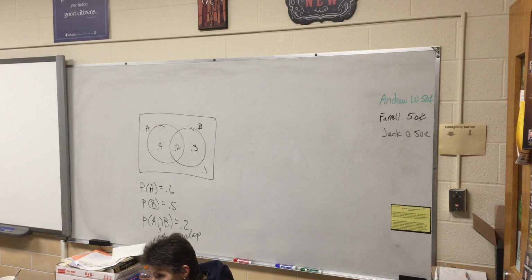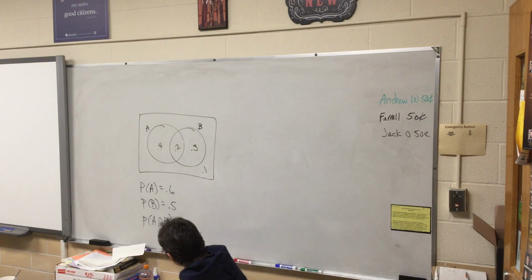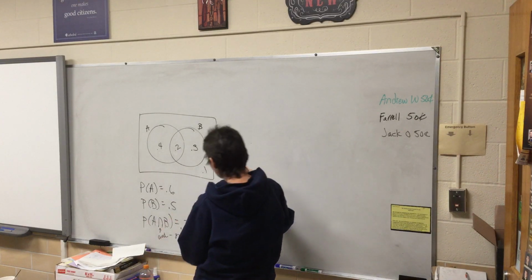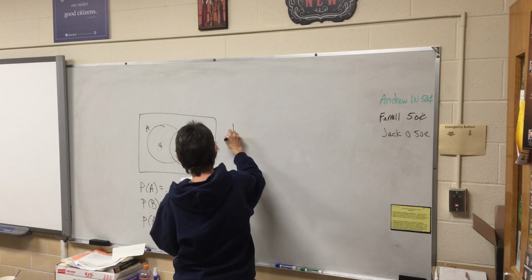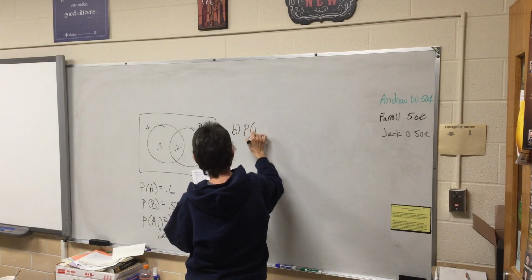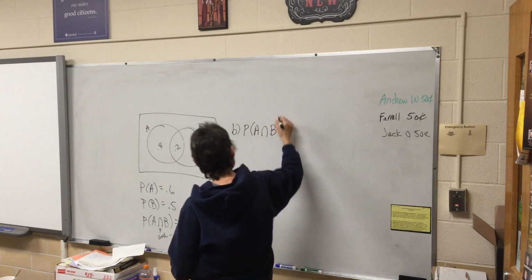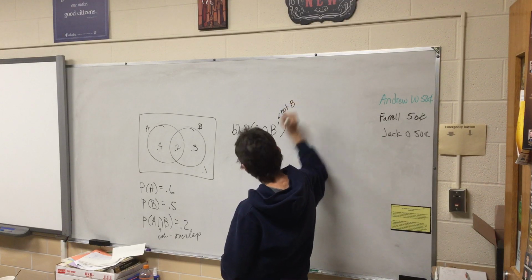All right, now we're going to answer some questions. Remember that this symbol right here, the upside down U, stands for and. We say and. So question B says, what's the probability of A and not B?